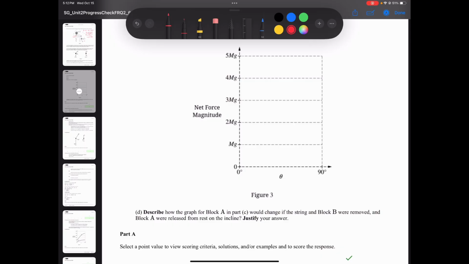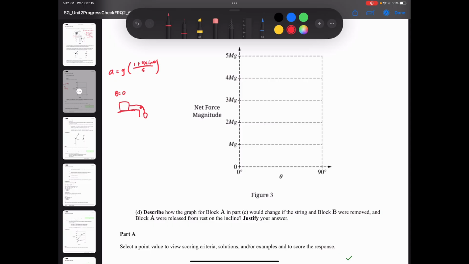What I recommend doing with these kinds of problems is to think about what the acceleration of the system is at the extremes. So let's imagine that theta was 0 degrees. When theta is 0 degrees, it's just on a flat surface, so the blocks are going like this. We can still use the same expression: a equals g times (1 plus 4 sine theta) over 5.